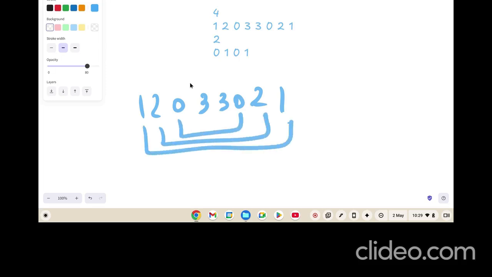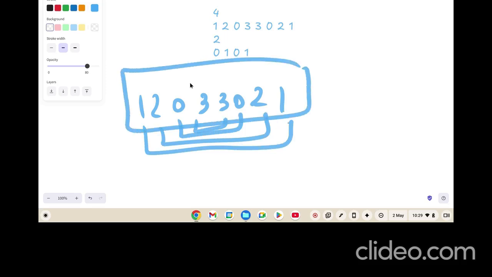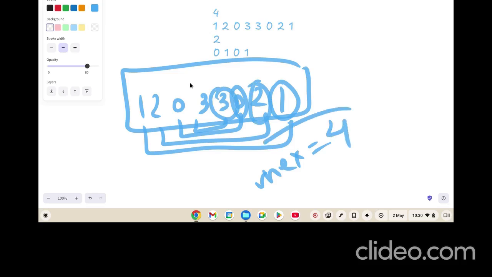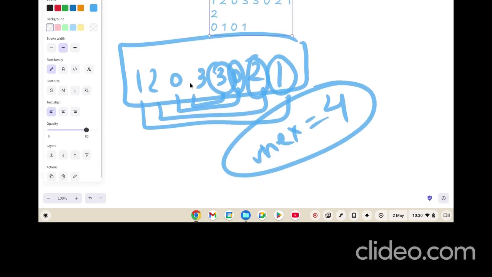If all elements form a palindrome, you can take the complete array as the subarray, and the max of this will be 4. Why will the max be 4? Because 0 is there, 1 is there, 2 is there, 3 is there, but 4 is not present in the subarray. So 4 will be my max. If you take the second one, everything is a palindrome as well. That's the reason why the max of this array is 4.